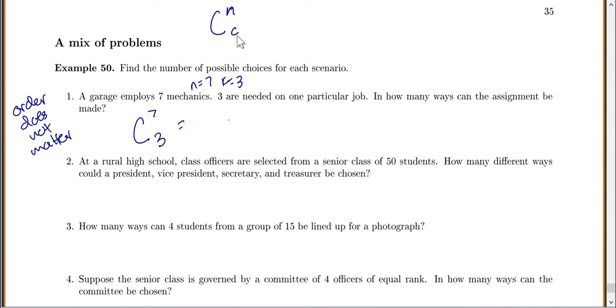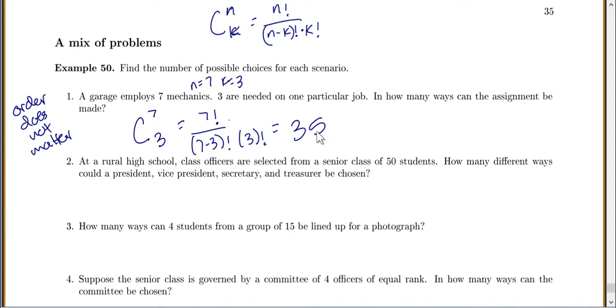For a combination of n choose k, this is n factorial over n minus k factorial times k factorial. So this will be 7 factorial over 7 minus 3 factorial times 3 factorial, which is 35. If you wanted, you could have also written that 7 choose 3 is 35.